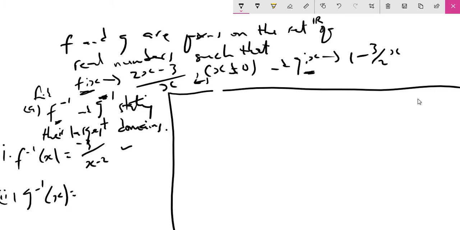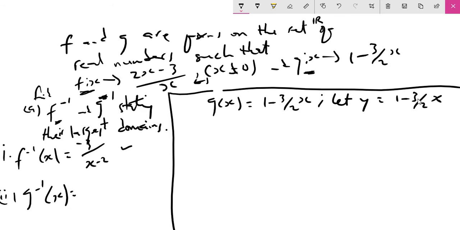Okay, so g of x is giving us 1 minus 3 divided by 2x. So again, let y equal 1 minus 3 divided by 2x. Now we make x the subject from here. We can first do away with the denominator 2 here. So this gives 2y equals 2 minus 3x. Thus we multiply each term by 2.